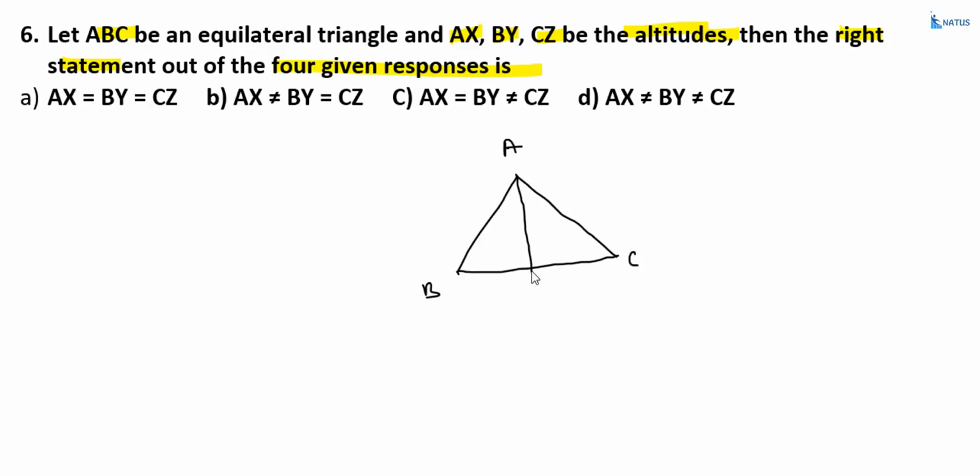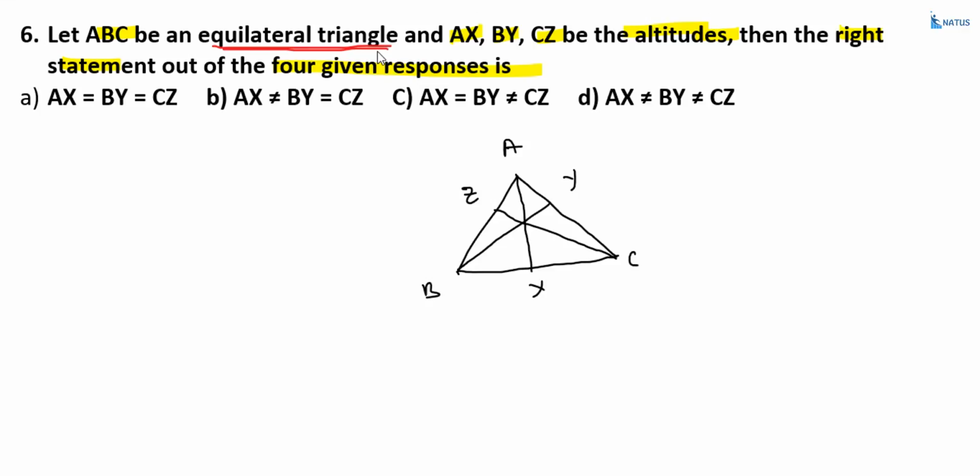So this line passes through one vertex and is perpendicular to the opposite side, and here and here. And next AX, BY and CZ. Then the right statement out of the given responses. This triangle is an equilateral triangle.